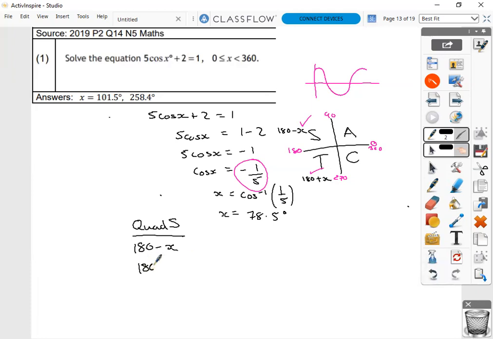Therefore, 180 minus 78.5 is going to equal 101.5 degrees. My second answer is in quadrant T. So 180 plus what I've found, 180 plus 78.5, is 258.5 degrees.